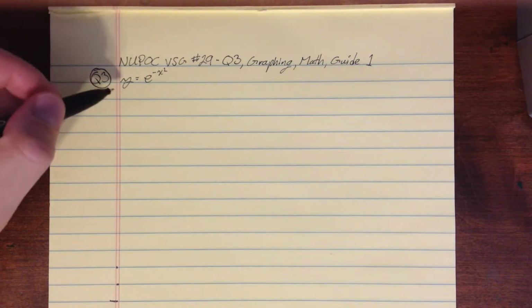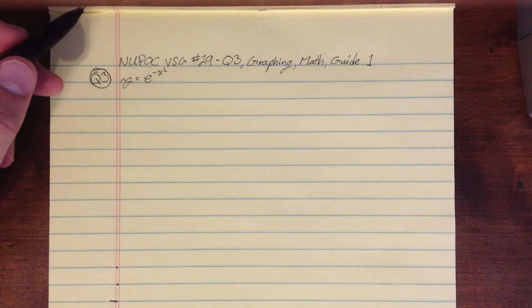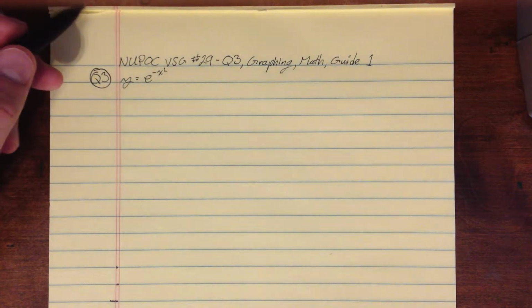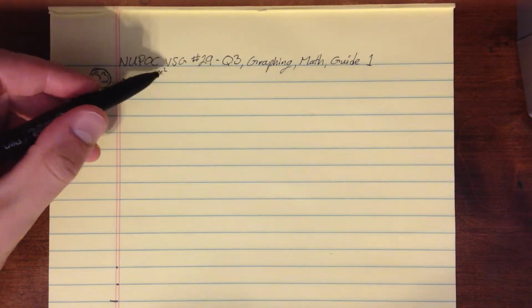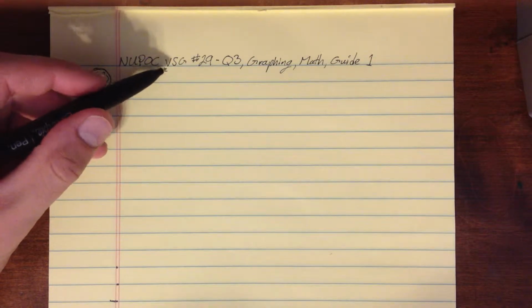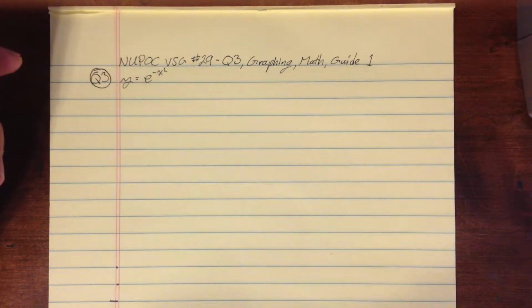So we're going to take a look at this function here, y equals e to the minus x squared. And some of you may be thinking, well, this is a little bit ambiguous. Is this e to the (minus x) squared? Is it e to the minus (x squared)? Or maybe is it (e to the minus x) squared?